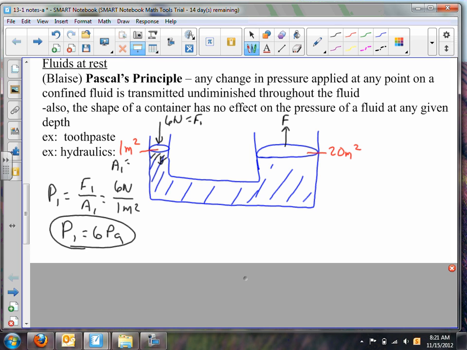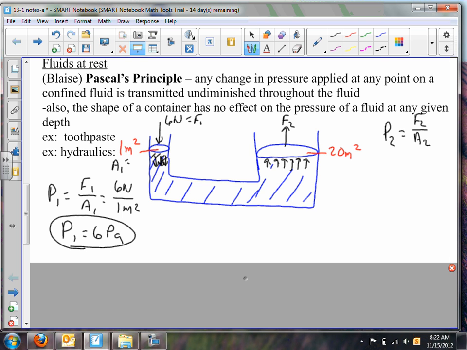Well, Pascal's principle says any change in pressure applied at any point is transmitted undiminished, which means if there's 6 pascals of pressure being pushed down here, there is 6 pascals of pressure being pushed on the larger piston. So to find the force on the second or the larger piston, that's the pressure of the second one, F2 over A2.